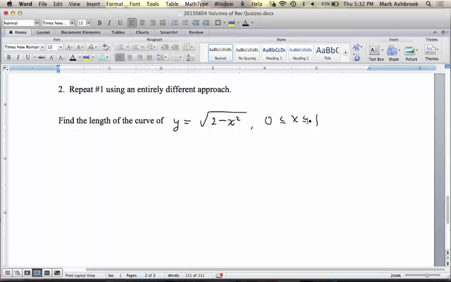And we can check our answer with geometry.